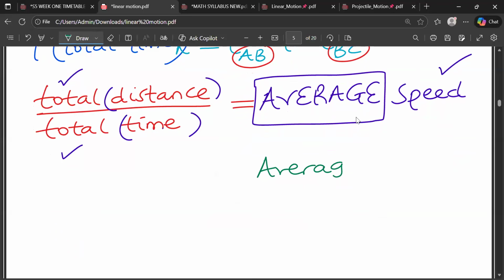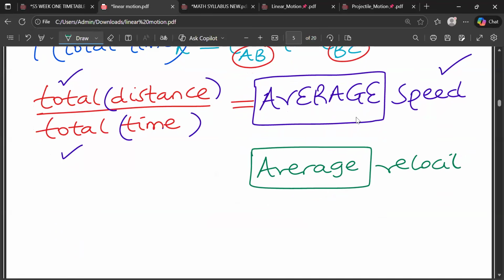Now you may ask, what if the question asked for average velocity? This time round, not speed. I already told you before that when you really want to get velocity from speed, just change only one thing. Don't change a lot of things. And what is that? Make distance a displacement. This distance in the formula should be a displacement.